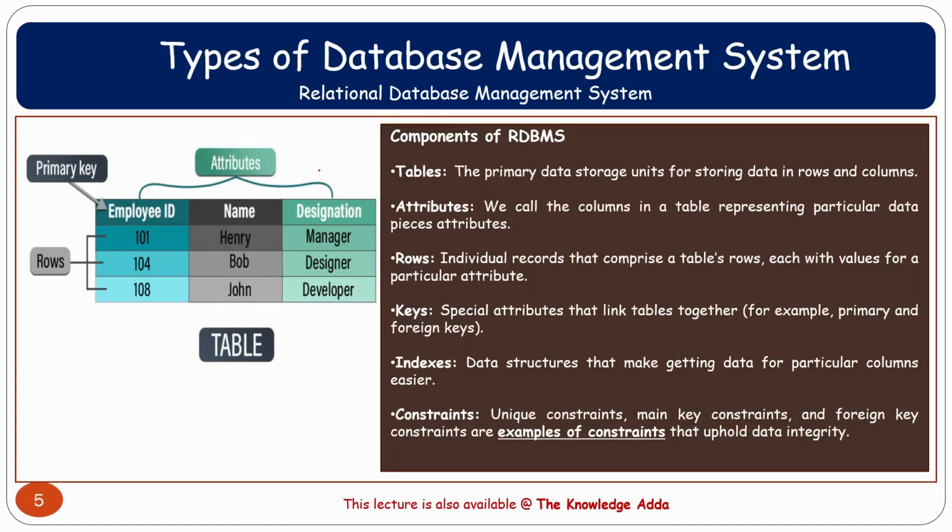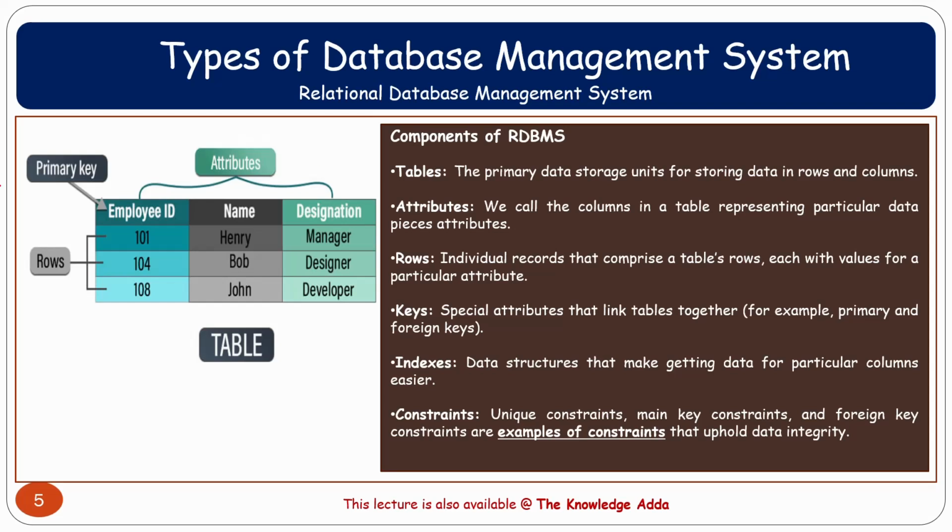Now, talking about the components of a relational database management system. First, tables, the primary data storage unit for storing data in rows and columns. Attributes are the columns in a table.